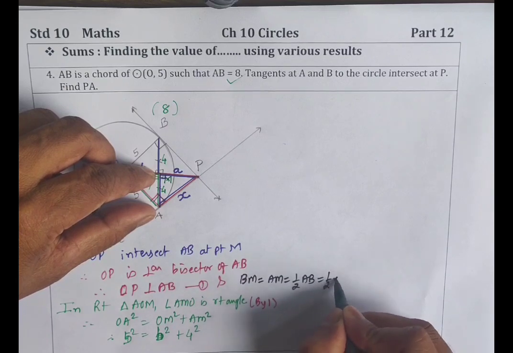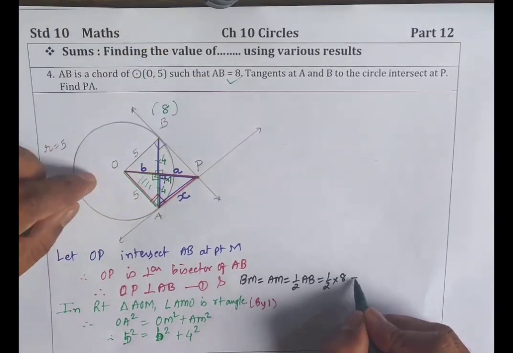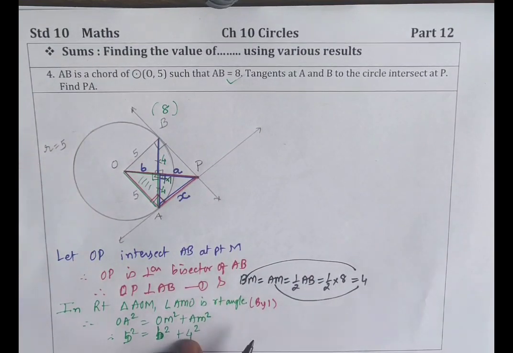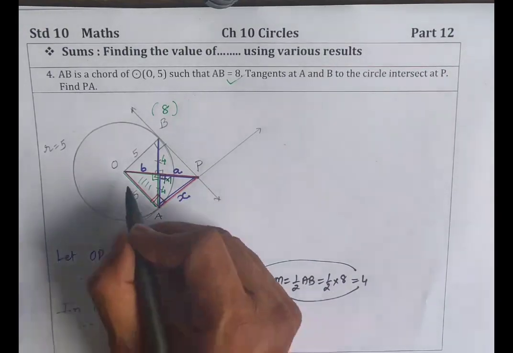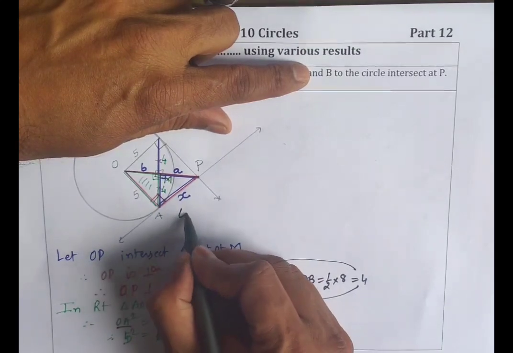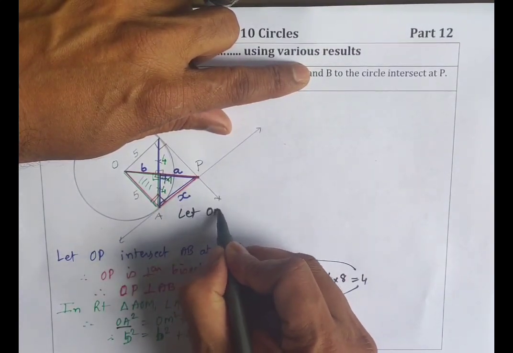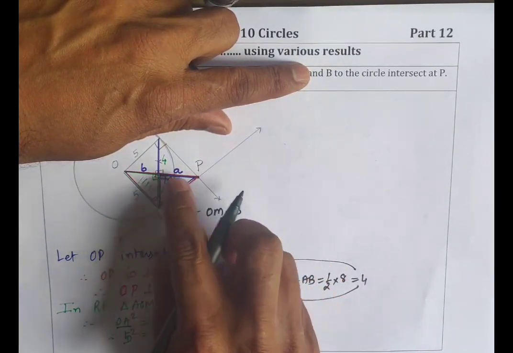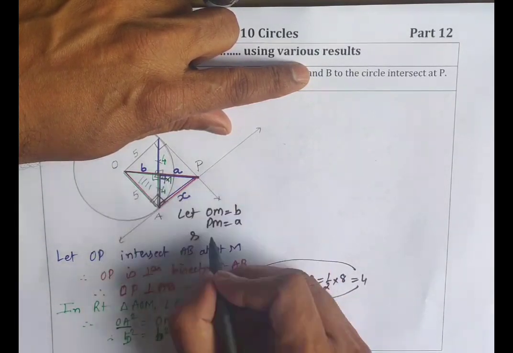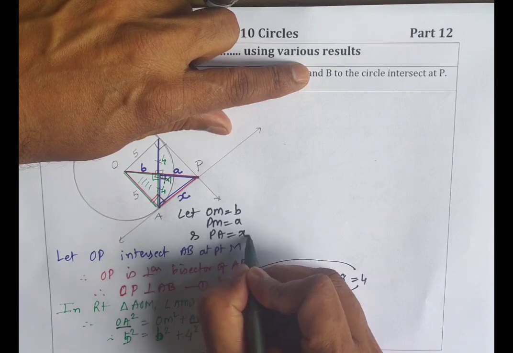That is half of 8 because AB is 8 and that is equal to 4. So BM is 4, AM is 4. So that we have AM 4, OA that is 5 and OB we called it A. Correct? Here we'll write let OM is equal to B and PM is equal to A and PA is equal to X.